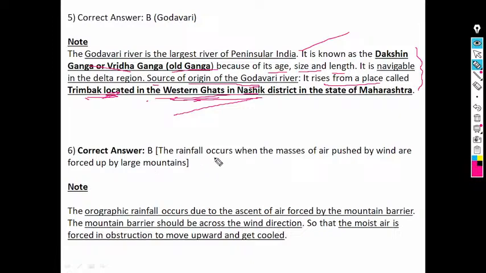Orographic rainfall occurs when the mass of air pushed by the wind is pushed up by large mountains. Just remember the diagram, it will be more clear.